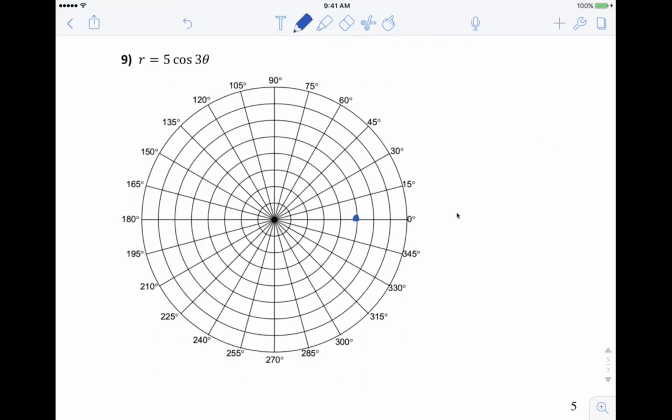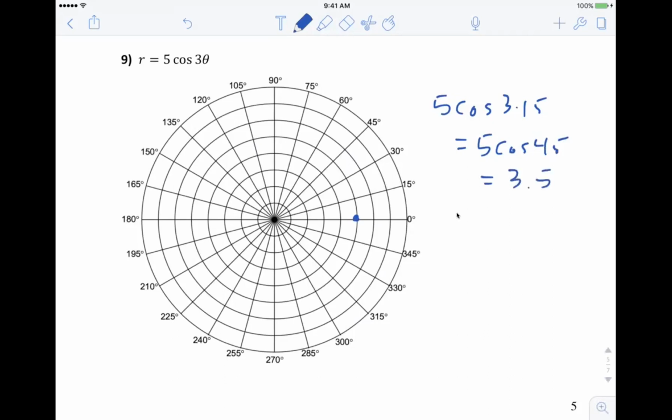And then this one, because I'm multiplying theta by 3, it might be worth going to 15 degrees next. So next I'm going to do 5 cosine of 3 times 15, which is 5 cosine 45, and then just get a decimal representation for that. Don't worry about using unit circle and exact values and all that.